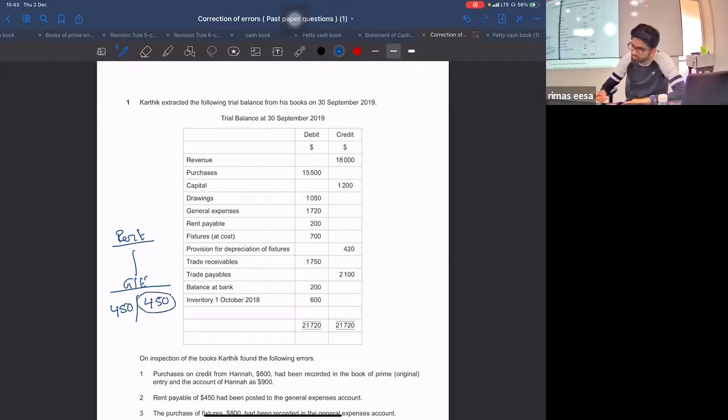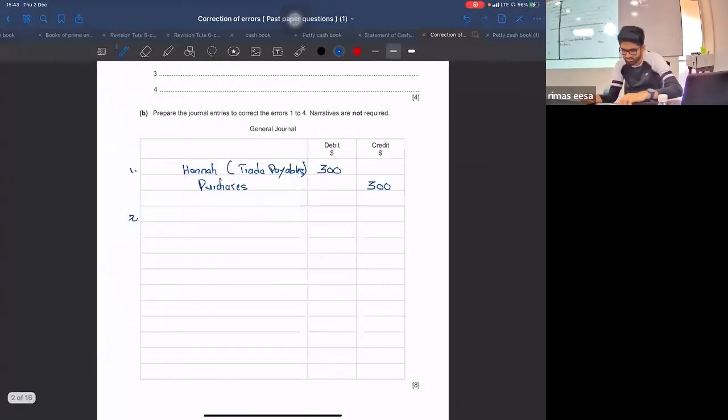For that, I have to credit 450 here. What will I do in the rent account? Debit, because it's an expense. In accounting, expenses should always be on the debit side when you make the correction. So the rent account is debited, and the general expenses account is credited while correcting the error. So you need to put this into the journal. Rent account will be debited with 450, no?